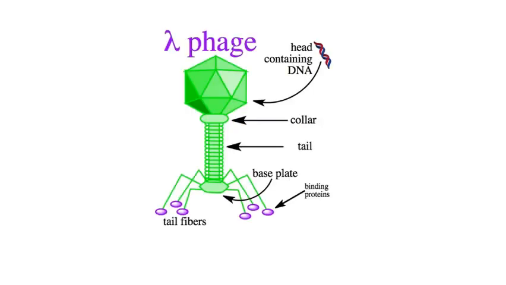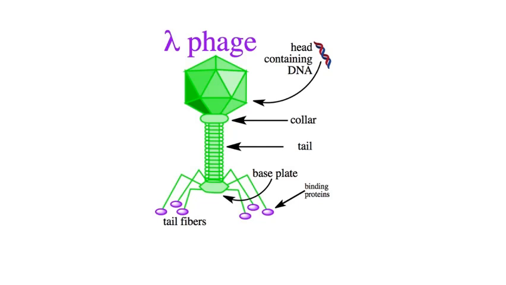Now we shall start with the structure of lambda phage. So this slide shows the structure of a lambda phage, which is observed under a microscope. This is a head, collar, tail fibers. Now the genome of a lambda phage is constituted by a single DNA molecule which is wrapped in a protein coat and present in the head.